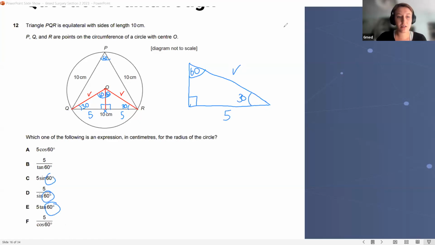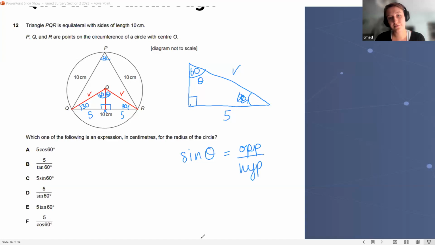So I'm going to make 60 degrees my angle theta, and I'm not going to worry about the 30 degrees. So if 60 degrees is my angle theta, and I've got the hypotenuse and the opposite side, I know that sine theta equals opposite over hypotenuse.